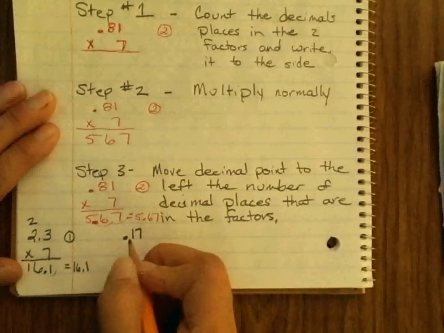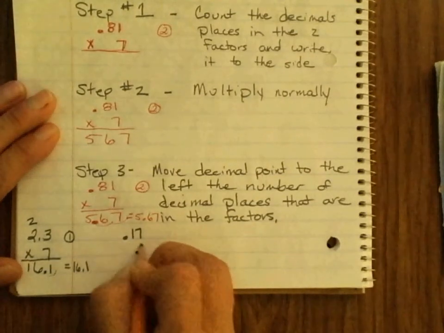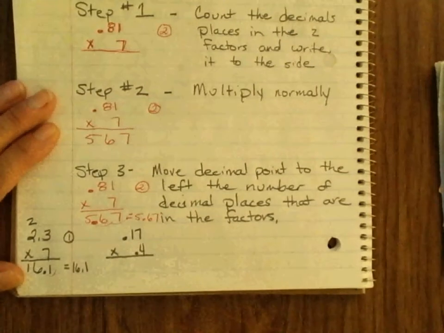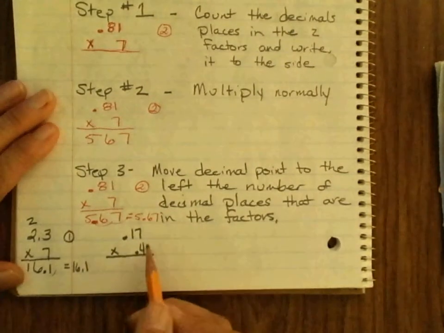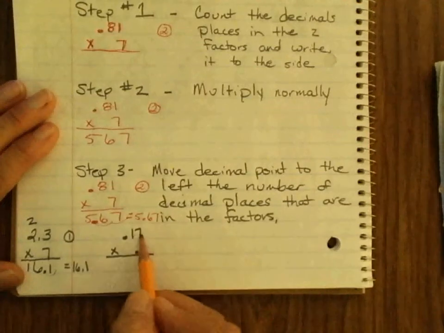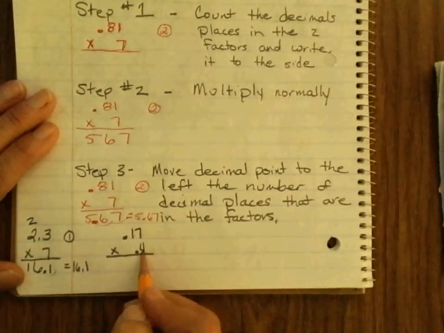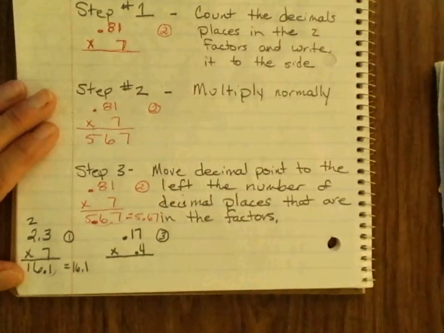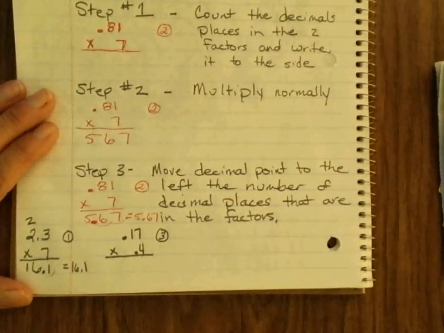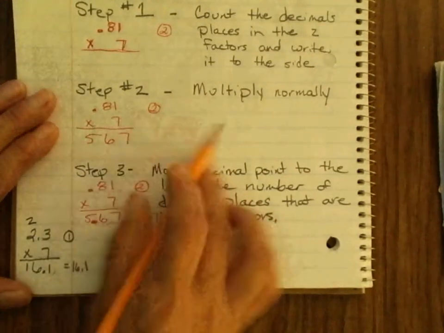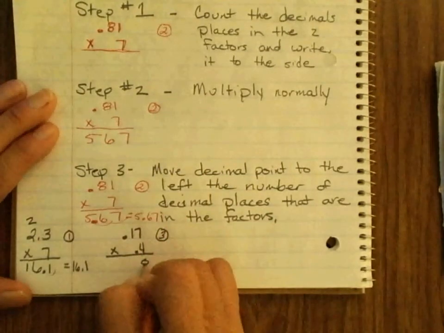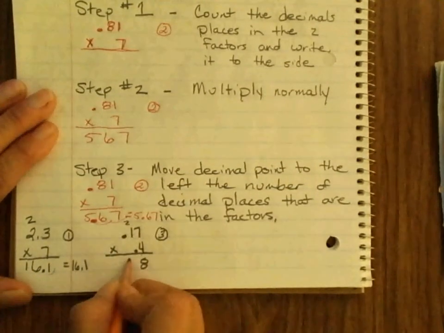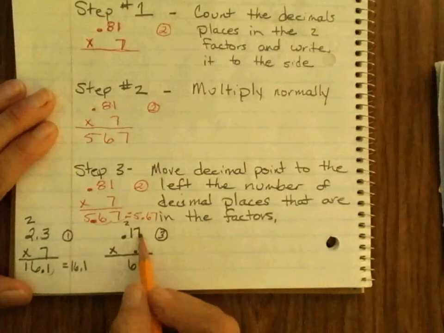Okay. Let's try 17 hundredths times 4/10. How many numbers are behind the decimal? There's 2 in this top one, 1, 2, and then 1 in this bottom one. That means there's 3 places behind the decimal. Now multiply normally. 7 times 4 is 28. Regroup the 2. 4 plus 2 is 6.